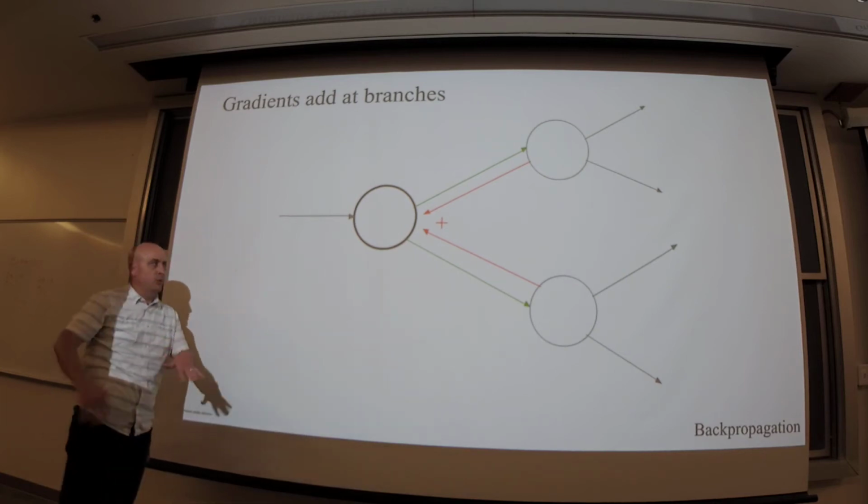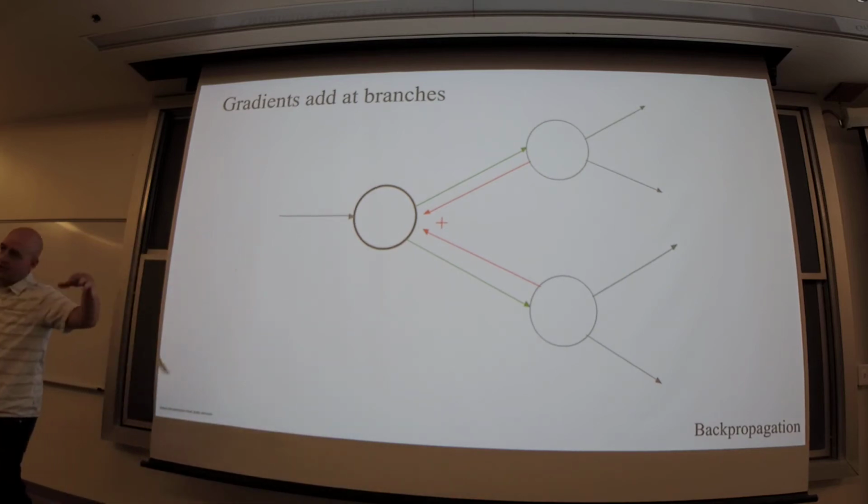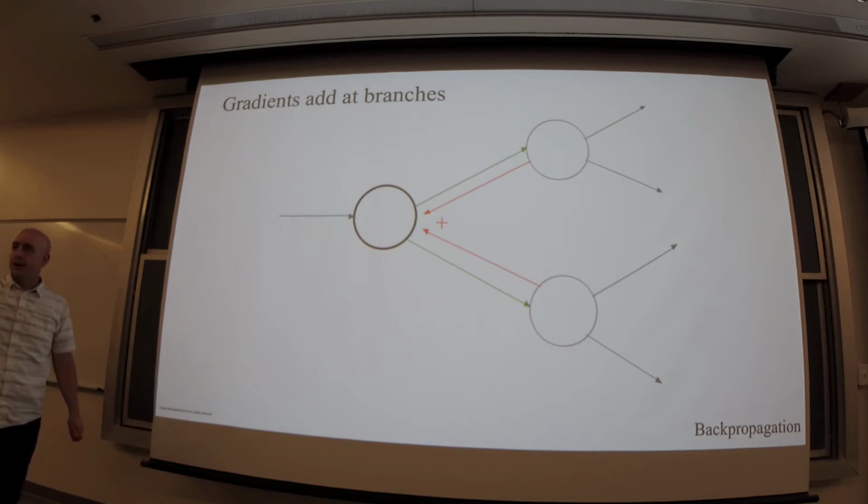One's doing something with it, another branch is doing something else with it. If this is computation of a loss function, they're eventually going to come back together because the whole computation has to come back to a single scalar value that evaluates how we're doing on this task.